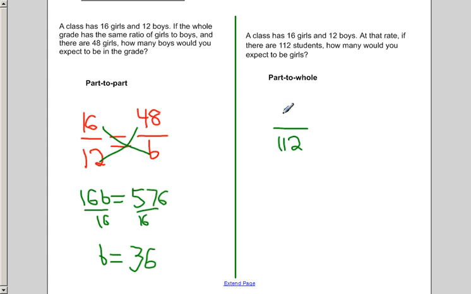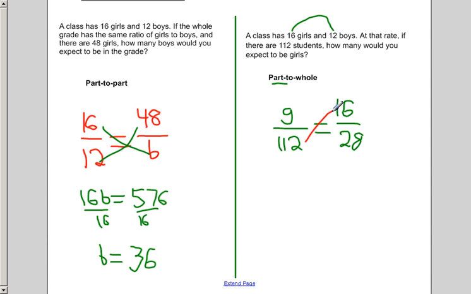So we don't know how many girls there are. We can put that on top. So then we need to compare that to an equivalent ratio, and let's see, 16 girls. We're told that there are 16 girls. That's our part. And then the total will be 16 plus 12. Total number of students is 28.